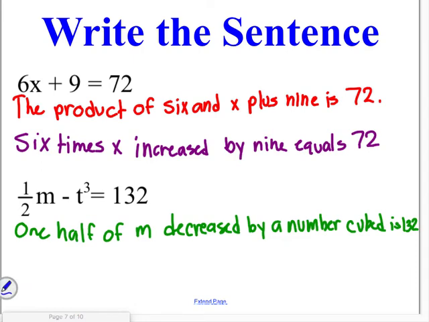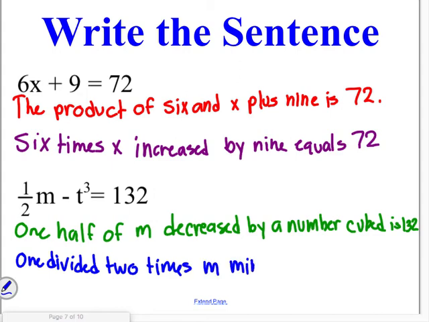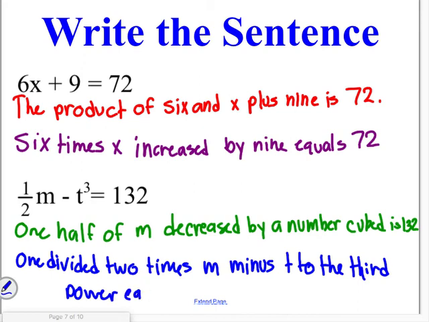Another example for this is we could say 1 divided by 2 times m minus t to the 3rd power equals 132. Again, just a couple of options out of the many possible ones.